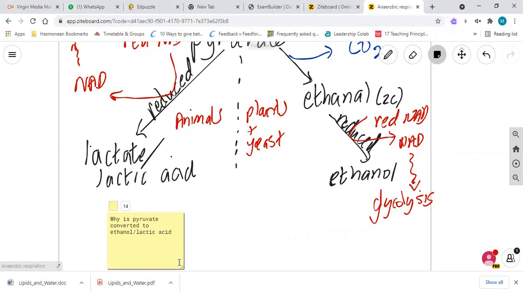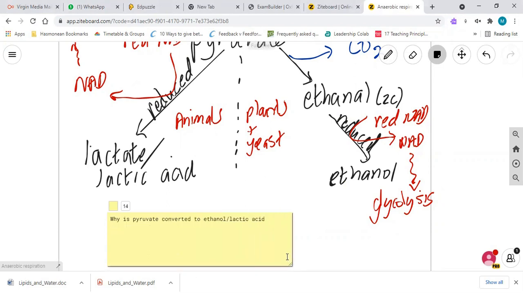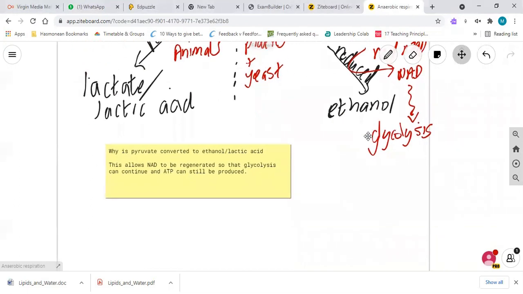And when you are asked that question, the answer always follows the same format, which is this allows NAD to be regenerated, so that glycolysis can continue and ATP can still be produced. Remembering that in anaerobic respiration, you will only make the ATP that has been made in glycolysis, so that is 2 ATPs in total from the process.